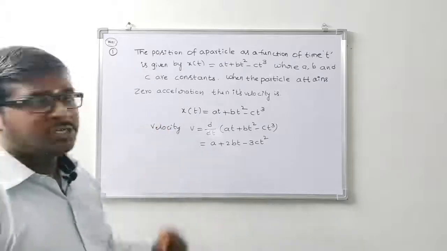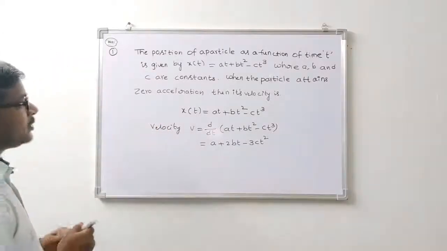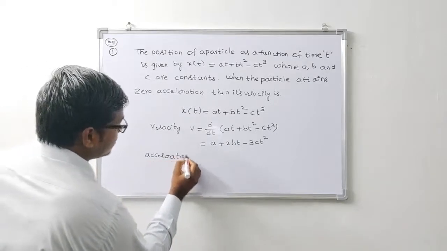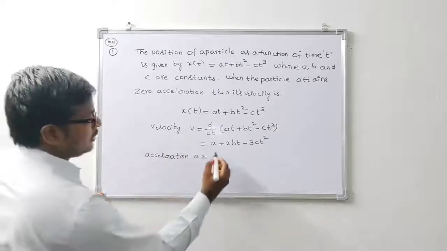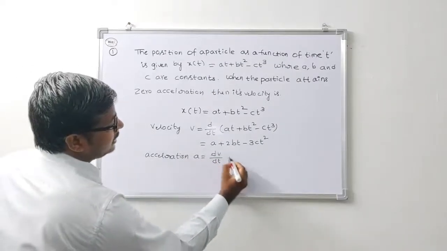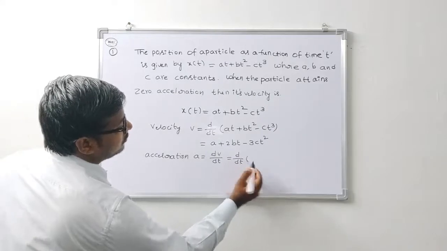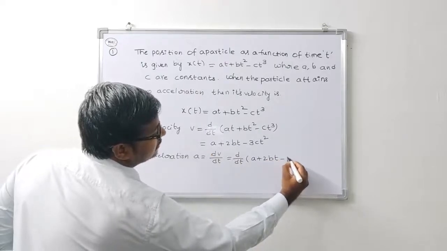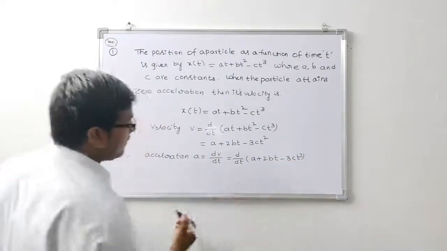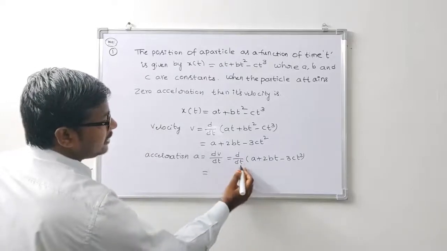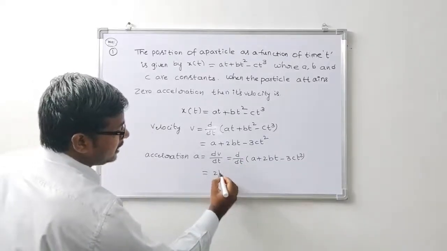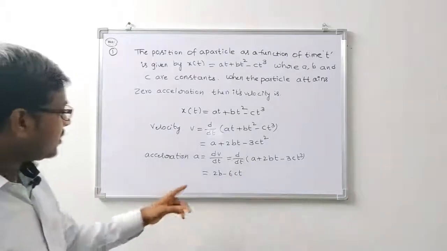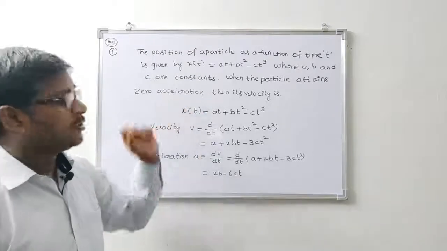Next apply acceleration: the acceleration a is equal to dv by dt, d by dt of velocity, a plus 2bt minus 3ct square. Okay, d by dt of a is 0, plus 2b minus 6ct. In this acceleration, 2b minus 6ct is equal to 0.